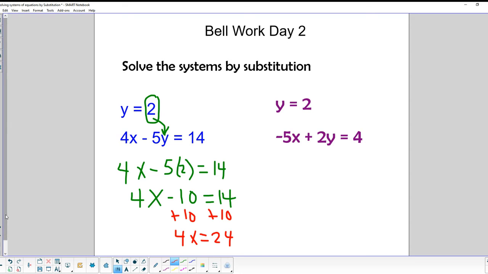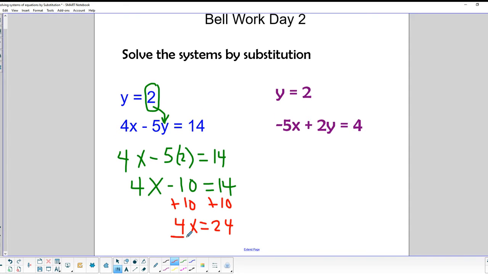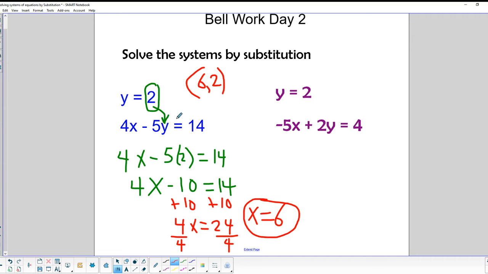So as I do that, I start to realize that all I have to do now is divide both sides by 4, and I end up with x equals 6. So now I have my two numbers. I have 6 for x and 2 for y, so my solution would be (6, 2), which basically means that if I graph both of those lines of those equations, this is the point where they would cross.